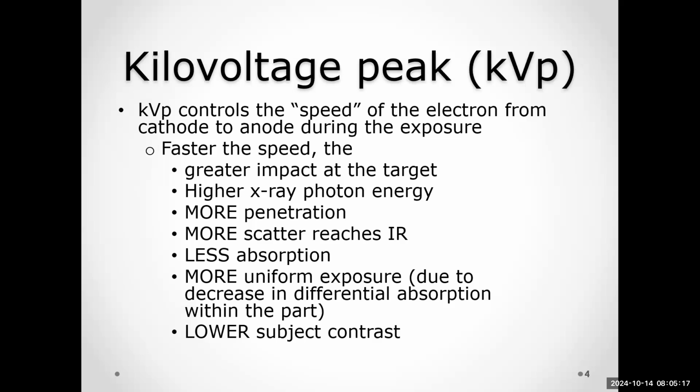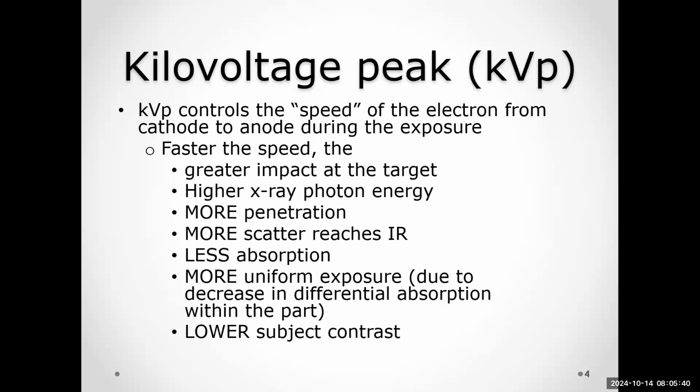It has a higher X-ray photon energy that's created when that speed is increased, which means those photons are going to have more penetrating ability. They're going to be able to pass through the part easier. It also means that more scatter radiation is going to reach the IR, which is never a good thing.